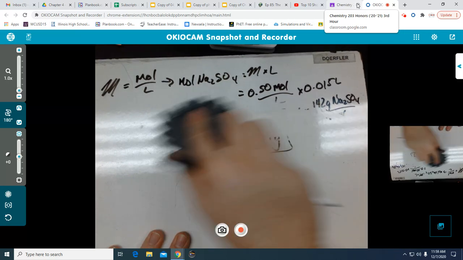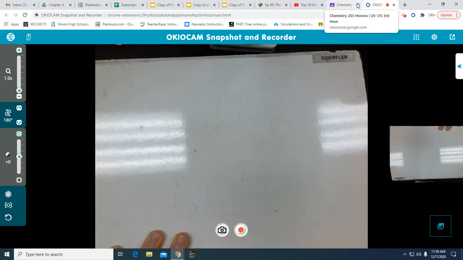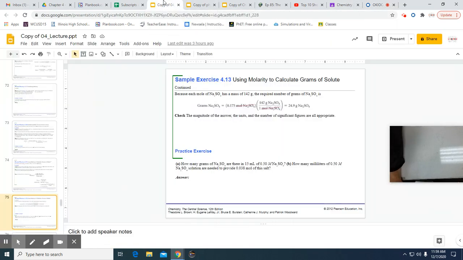The next part of the question says, how many milliliters of 0.50 molar sodium sulfate solution are needed to provide 0.038 moles of this salt?